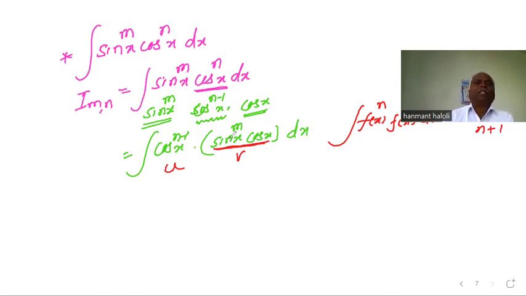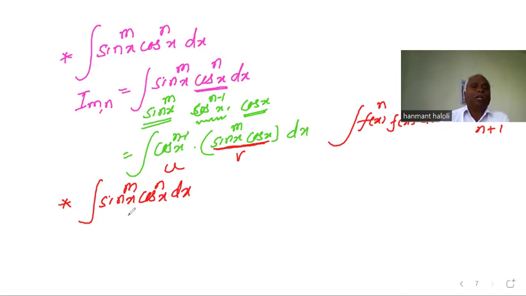So sine and cos higher powers are collected together with one single sine and cosine term. Using this concept, you can get an important formula for this double function integral, sine raised to m cos raised to n x dx.